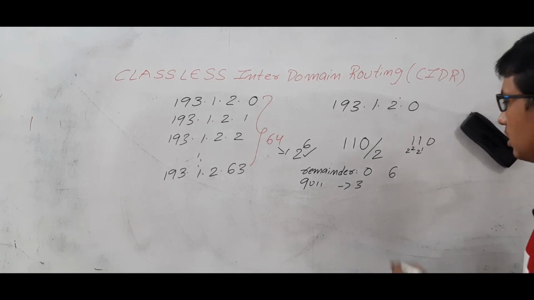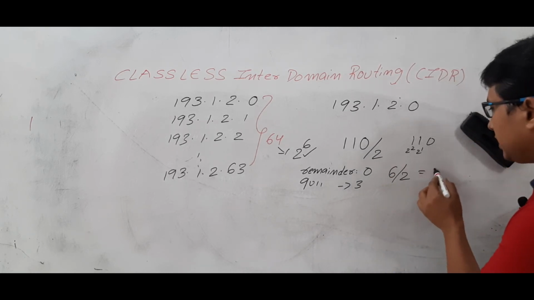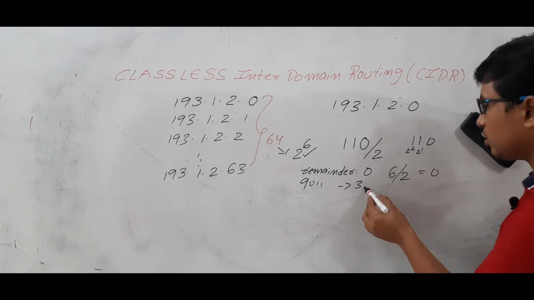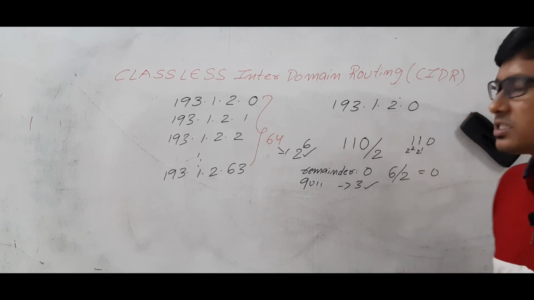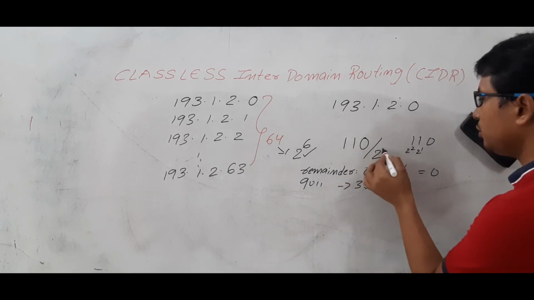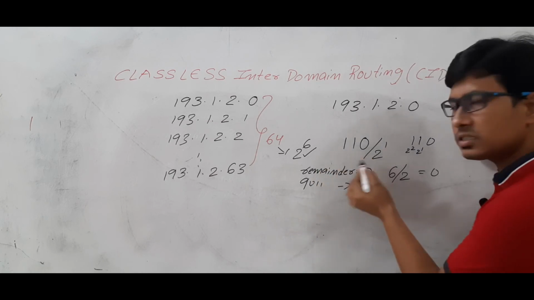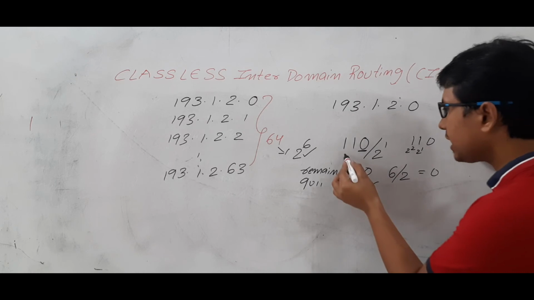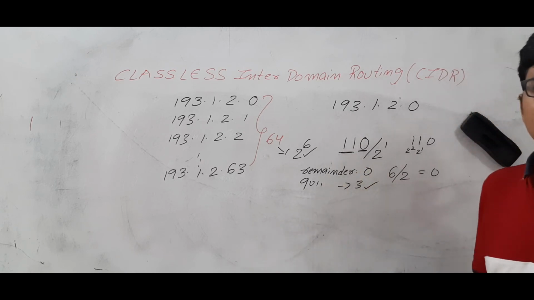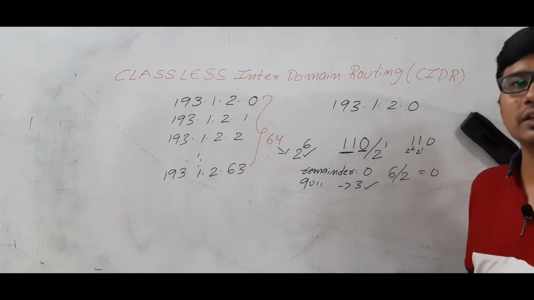Am I right or wrong? If you divide 6 by 2, you get remainder 0 and quotient 3. Then you may ask, sir, how did you do it? It is very simple. 2 can be written as 2 power 1. Among these 3 bits, the last bit will be the remainder and the first 2 bits will be the quotient. Convert them into decimal and you get 0 and 3.